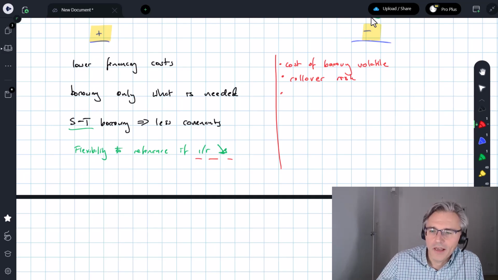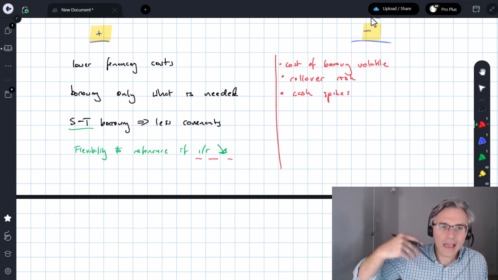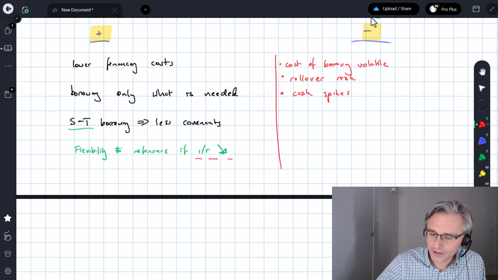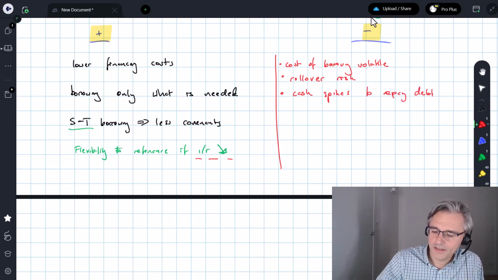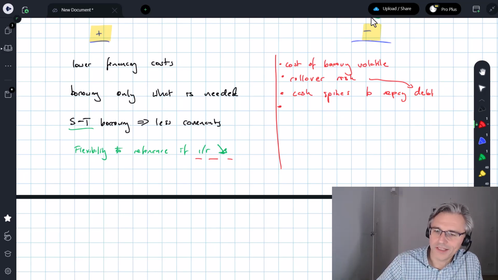Okay, what else? You may face these cash spikes, an additional need for cash to repay your debt, especially if people don't want to roll over your existing debt and refinance your needs.